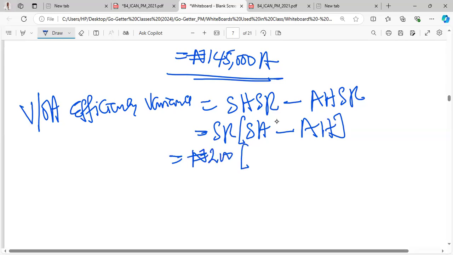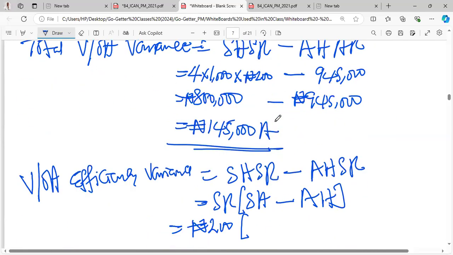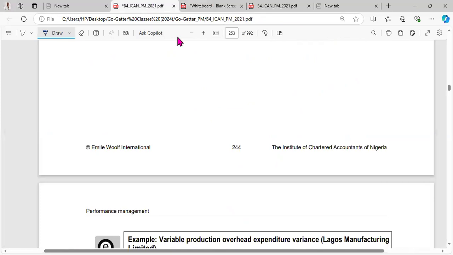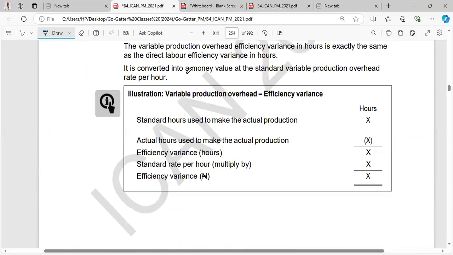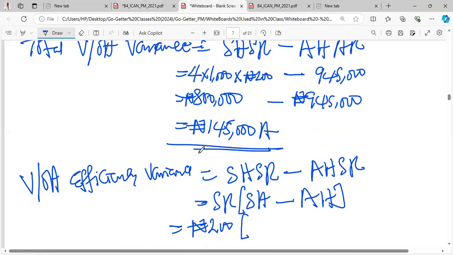What is the standard labor hour? You're supposed to pay how many hours? 4 hours.